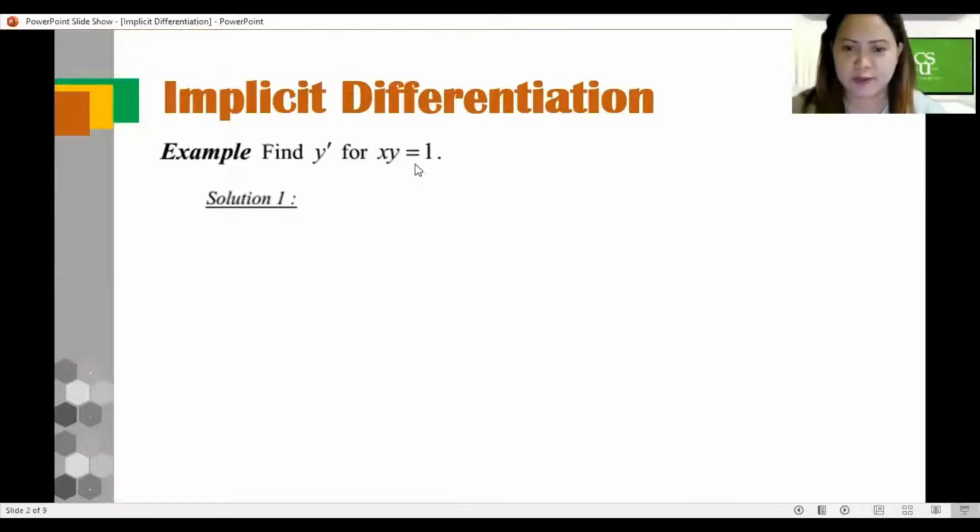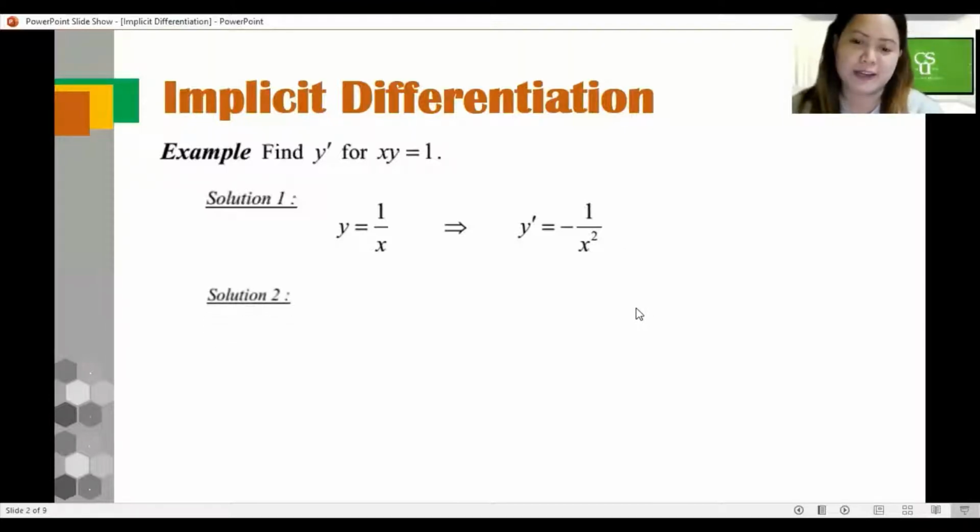So we can solve for y in terms of x by dividing both sides by x, so that we will have y equals 1 over x. And by this time, we can already take the derivative, and the derivative is negative 1 over x squared.